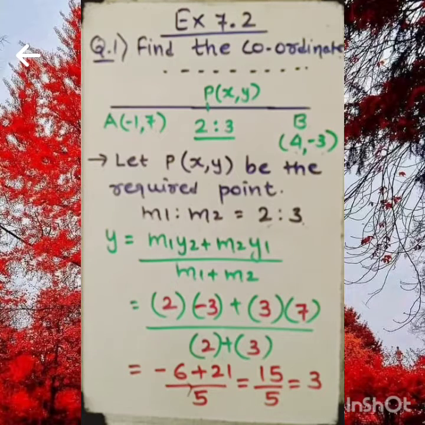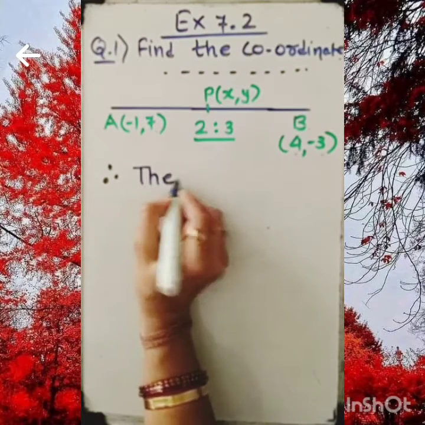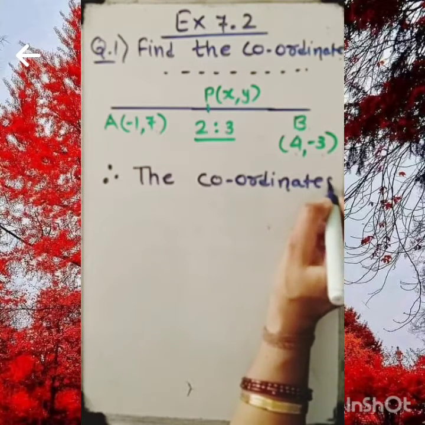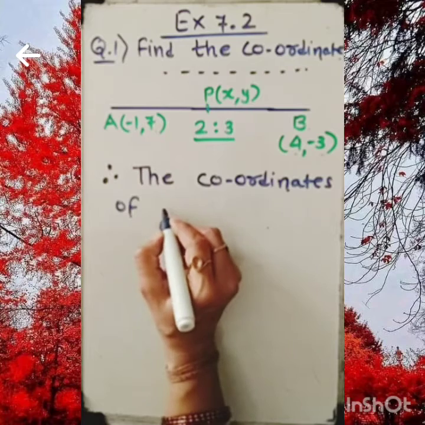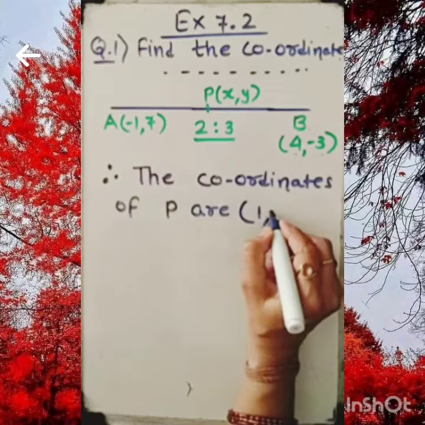So the coordinate of y, according to this, is y equal to 3. Final answer: therefore, the coordinates of P are 1 comma 3.